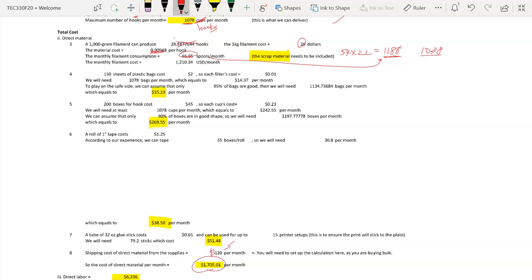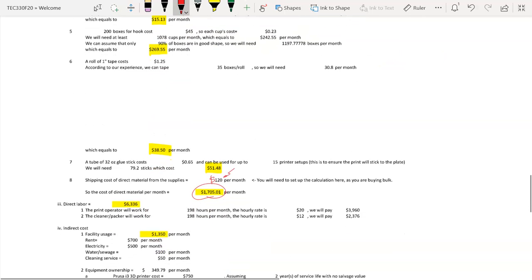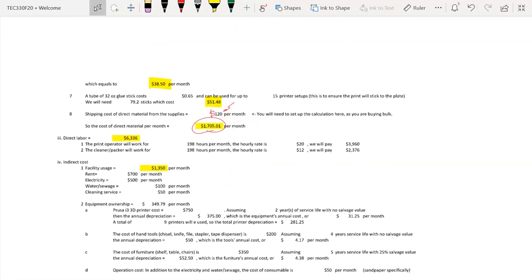And right now I'm assuming $120 shipping cost. Direct labor comes from the print operator. I'm paying that higher price because I need someone with certain knowledge. Cleaner or packer is $12. So the direct labor is this amount. Facility usage is this amount, and then equipment ownership. This is mainly the depreciation of the 3D printers.